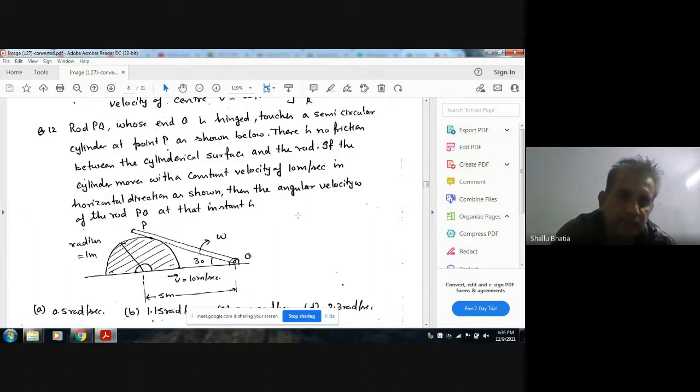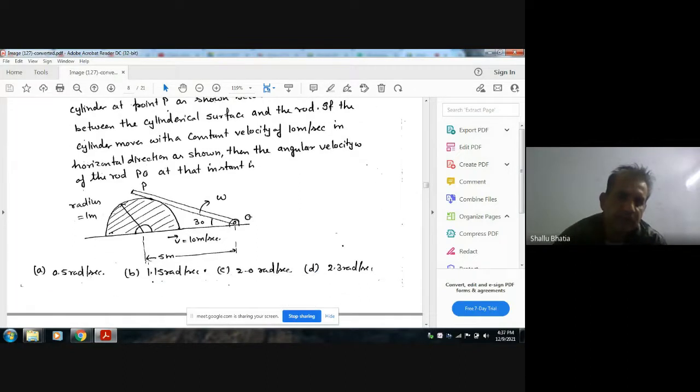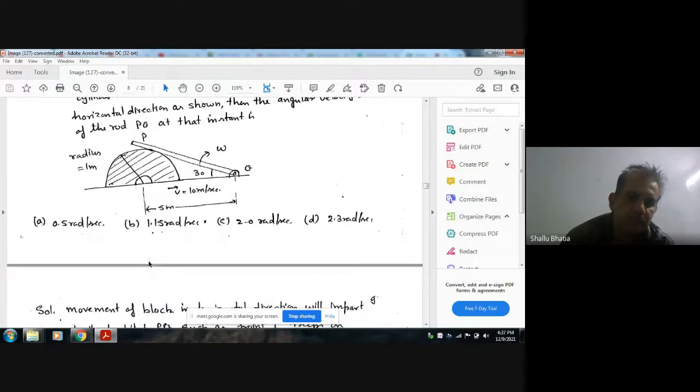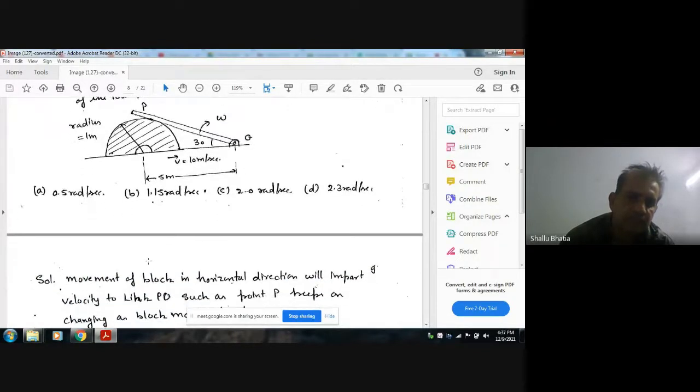If the cylinder moves with a constant velocity of 10 meters per second in the horizontal direction as shown, then the angular velocity omega of the rod PQ at that instant is: this is the rod PQ and this is the cylinder, moving with 10 meters per second, and the distance between the center and point Q is 5 meters and this radius is 1 meter. You have to find omega, and this angle is 30. The options are 0.5, 1.15, 2 and 2.3, all in radian per second.